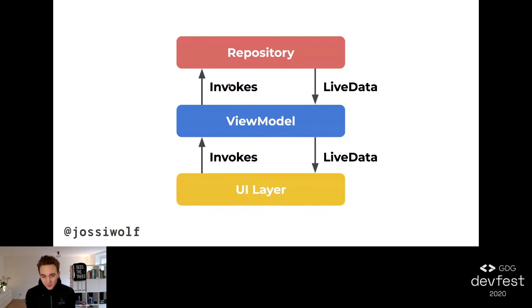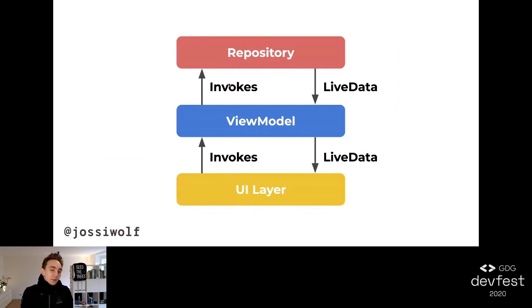What we hadn't encountered before was that all the layers were communicating through LiveData for every async operation, but also for some operations that were running synchronously. So it was all a bit weird, and we just hadn't seen it before.